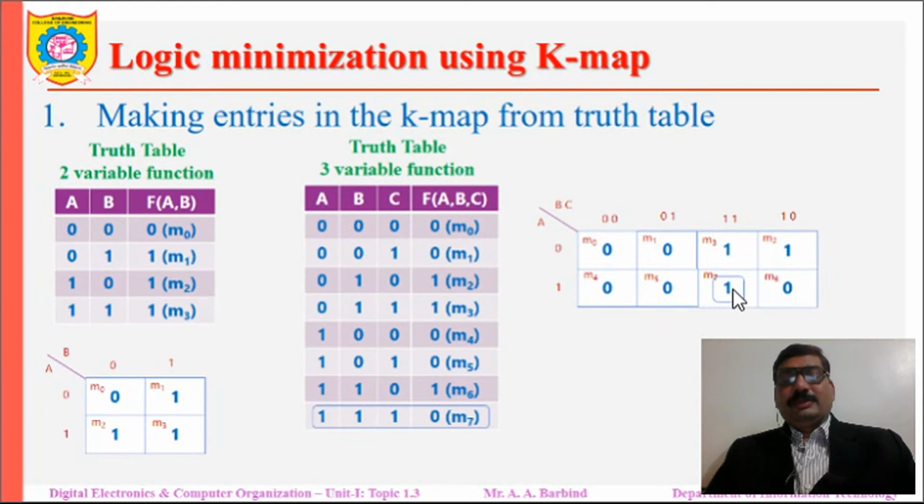Actually, this particular entry should be 0, and this entry should be 1. So that is the correction. I hope you understand this one. So this is how the entries are made into the K-map of 3 variables.